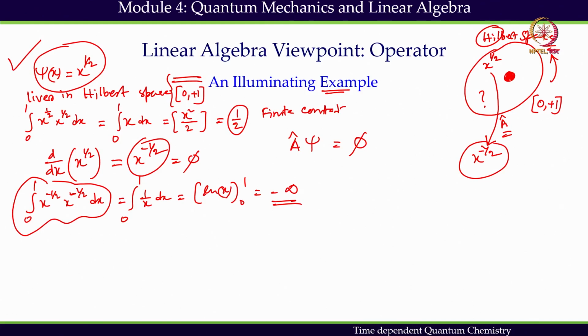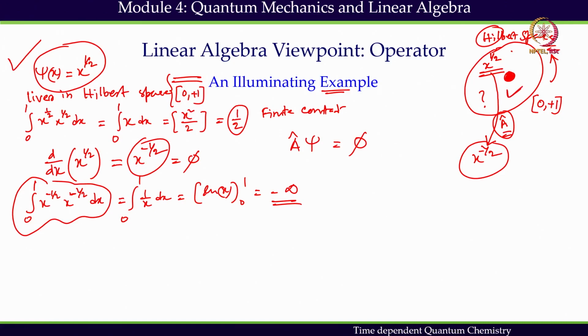The defining condition of using that Hilbert space is that any function I am using as a solution of the quantum system should stay in the Hilbert space. In addition to that, if an operator acts on that wave function, the new wave function should also stay in the same Hilbert space. That is the defining condition.